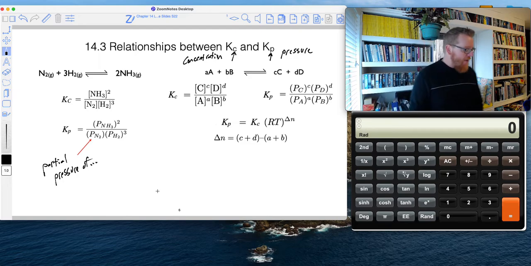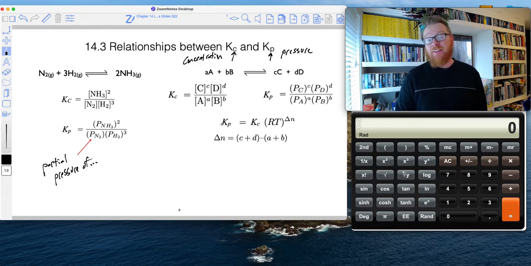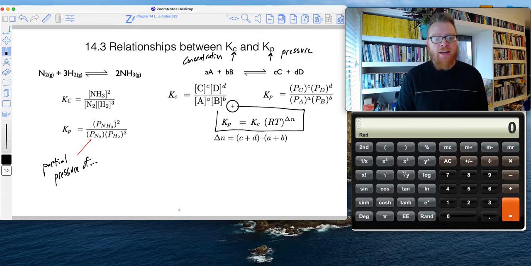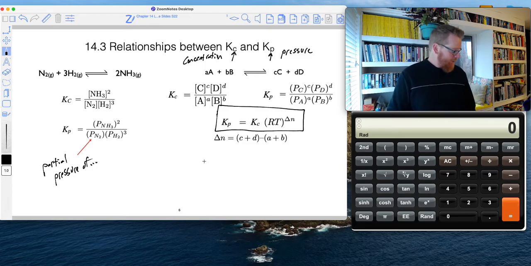We also have a way of interconverting between Kp and Kc because they're not necessarily the same value. So you don't have to memorize this equation that I'm boxing right here. I'll give that to you in an exam, but you do have to know how to use it, okay? So for example, let's say we have Kc from our molarities.